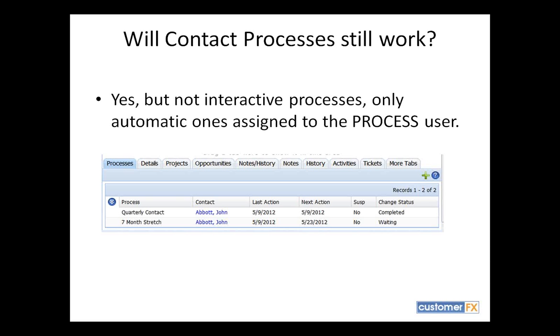Very clever. So there's a user called process, and all contact processes for contacts in the web are assigned to that process user. And what you would do as an administrator is somewhere on your server, you would log into the LAN client as the process user.